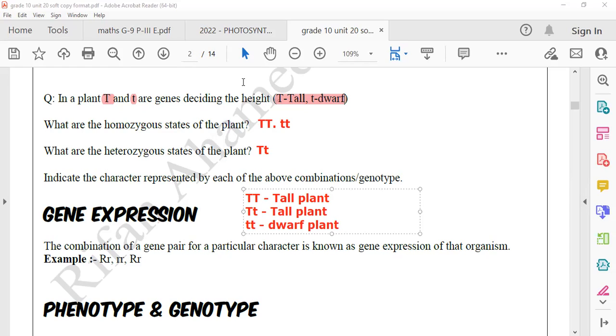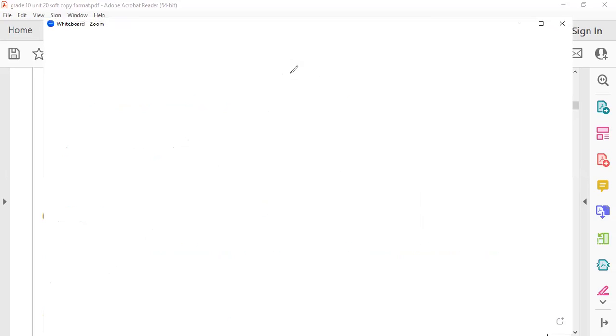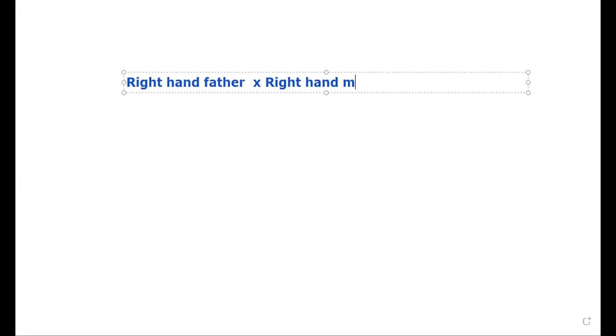Okay. Now Arishahani is asking a question. Both parents are right-handed. There is a right-hand father and a right-hand mother.